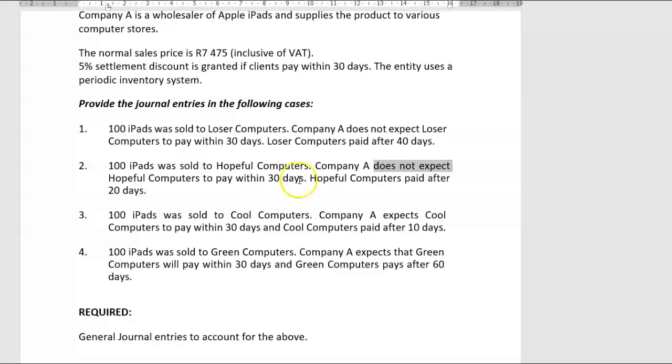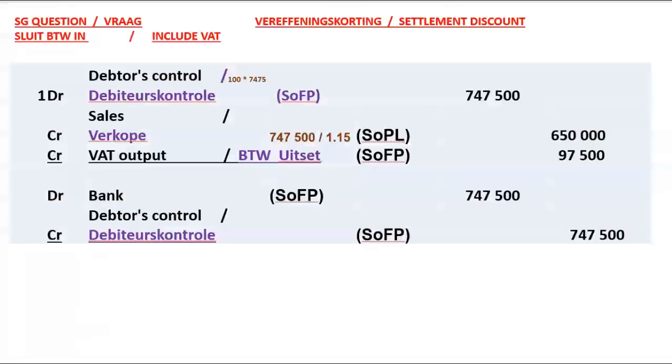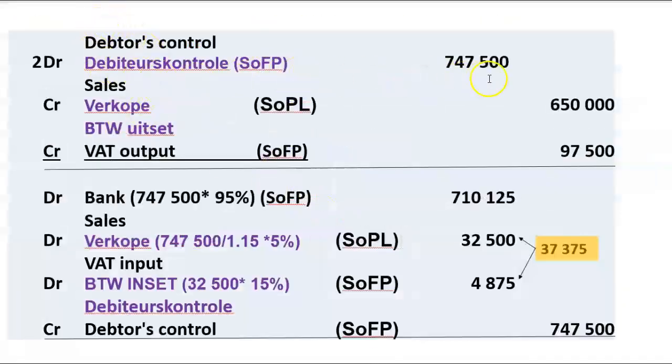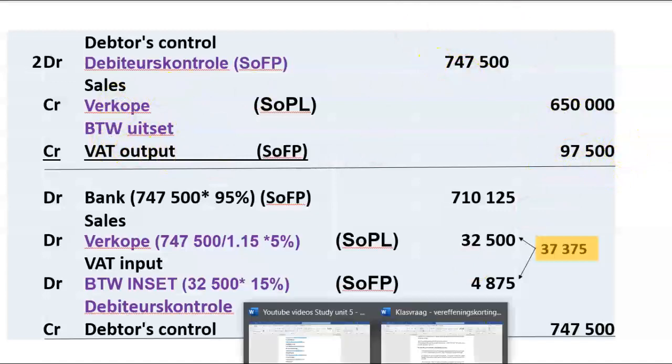The answer is no. Then I can say, well, it's a normal sales transaction like I've always done. I also sold 100 computers to them, so it's 747,500. I will take the VAT exclusive amount to my sales account, and I'm going to credit VAT output with the VAT that is reflected on the invoice.